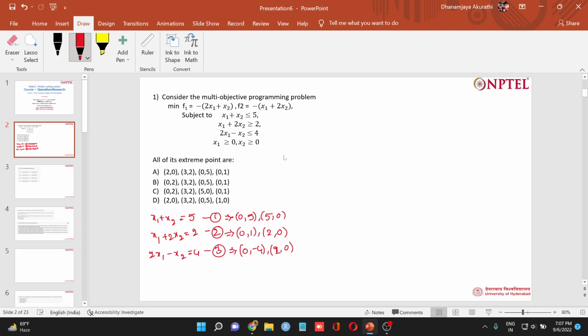So next we have to draw these in a graph. Suppose you can see here, this is for x1.